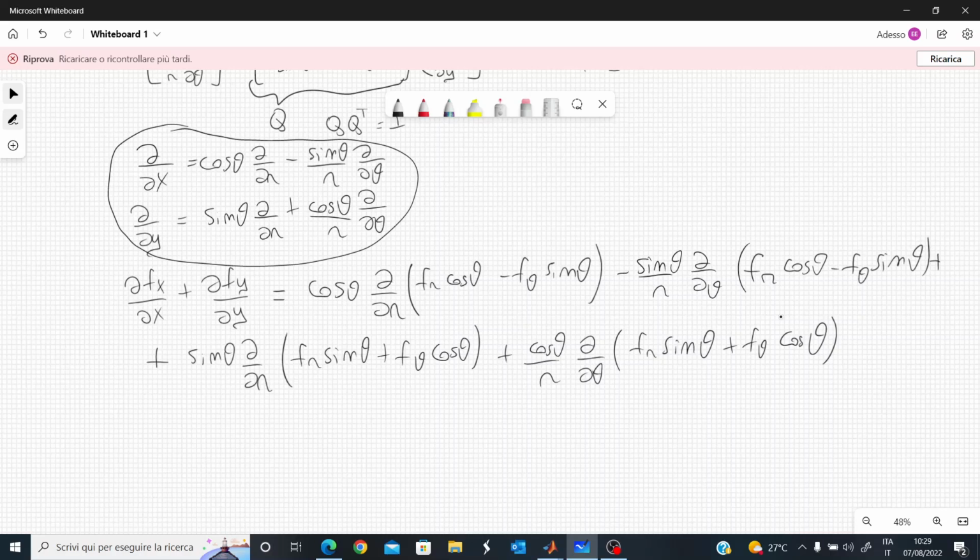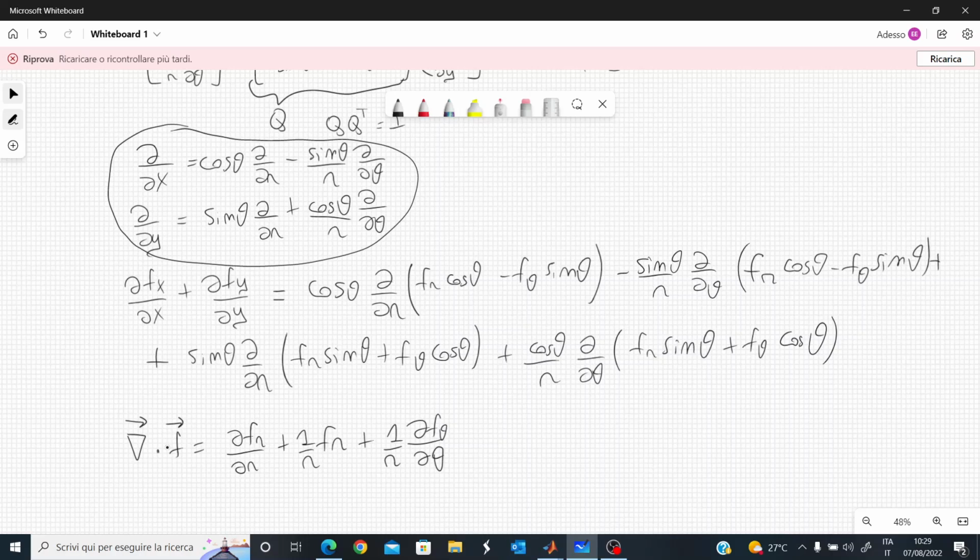And you will find the following expression. So the divergence of f can be written as dfr over dr plus 1 over r fr plus 1 over r df theta over d theta.